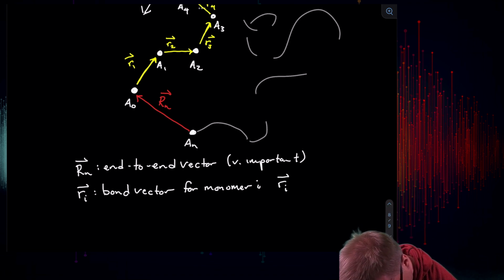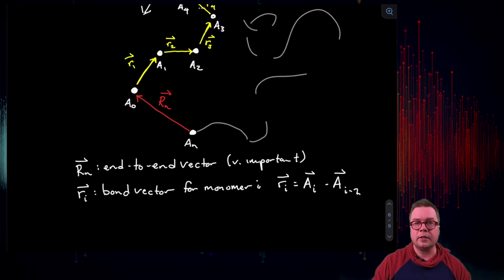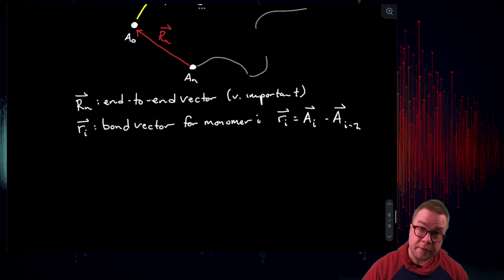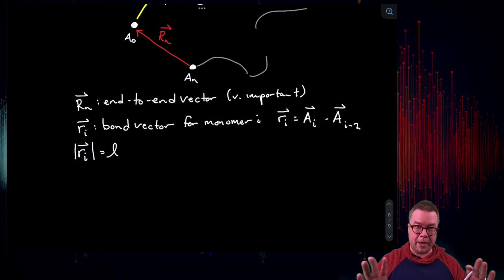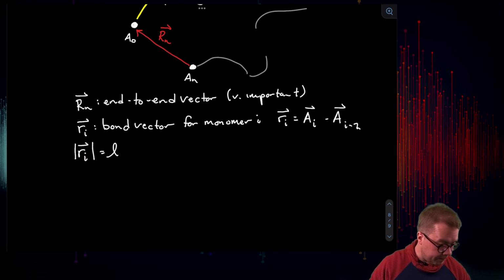So R sub i we could define as the position of monomer i minus the position of monomer i minus 1. Okay, so that's how we'll define it. Other things, the magnitude of R sub i is equal to the bond length l always. Okay, so that's always true.